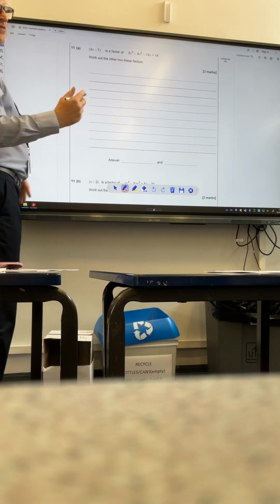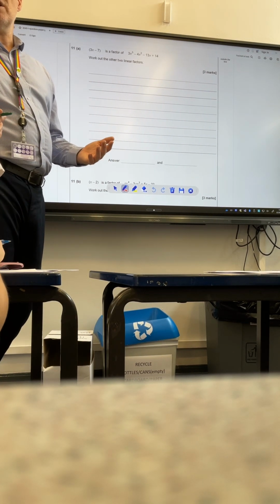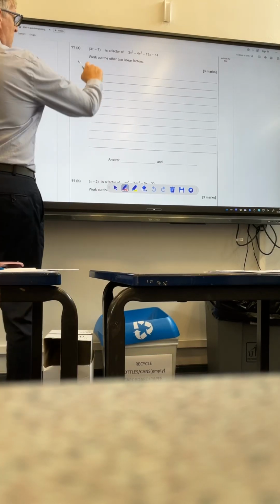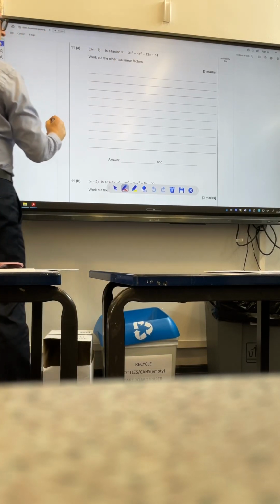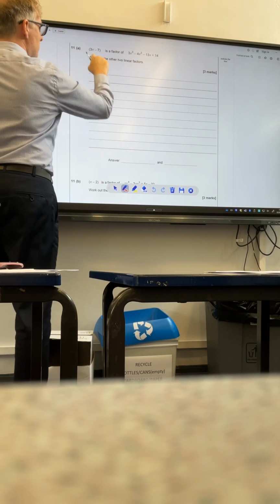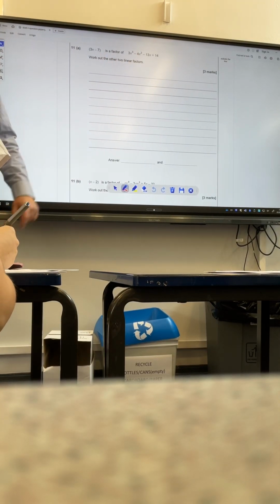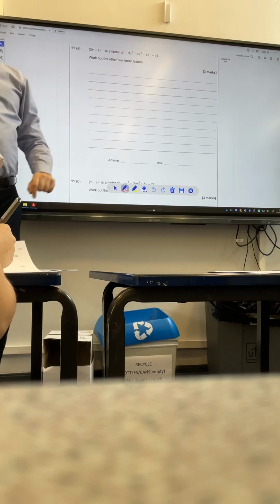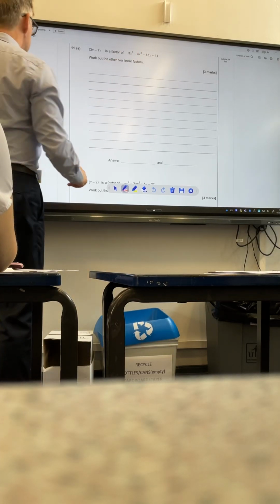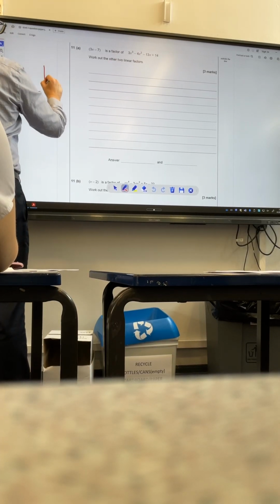So, this is the method you might see in revision guides. If we know 3x minus 7 is a factor of that, that means it goes exactly into that. So we divide 3x minus 7 into that. Now how we do that, long way, is this.